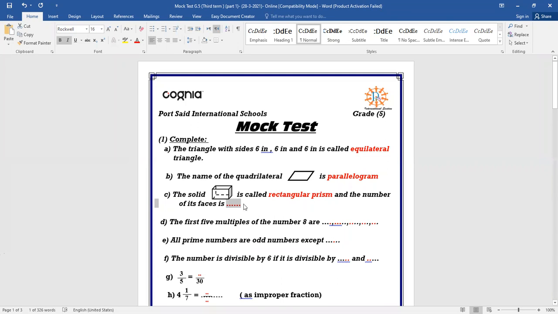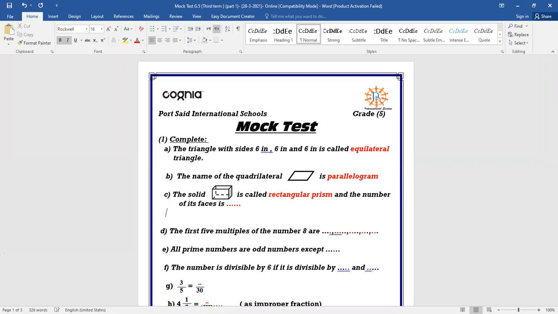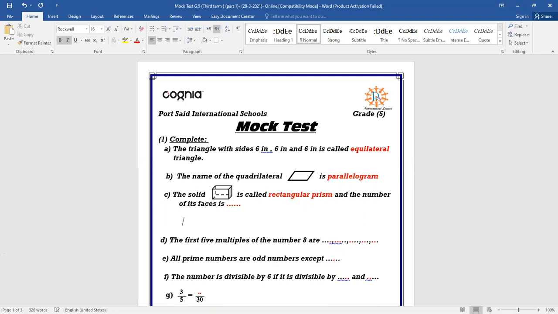Let's remember. We said in the prism, to find the number of faces, listen please: number of base sides plus 2.